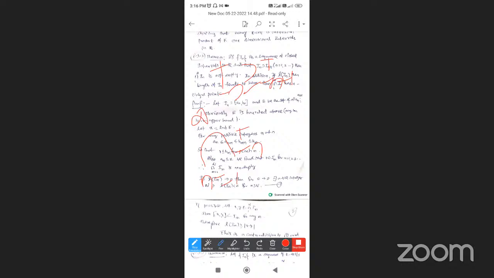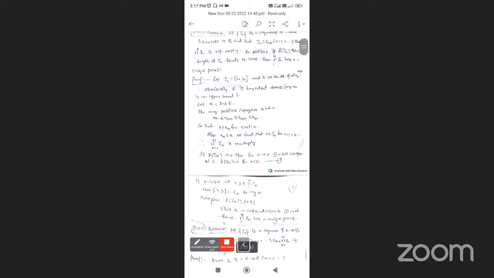In addition, if the length of In tends to 0 as n tends to infinity, then the intersection of In has a unique point. This is the theorem statement. We have to prove it also. So this is the proof.